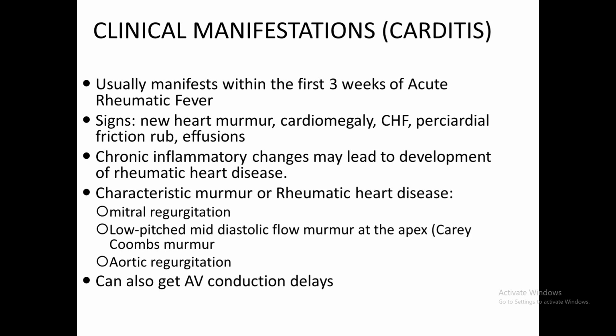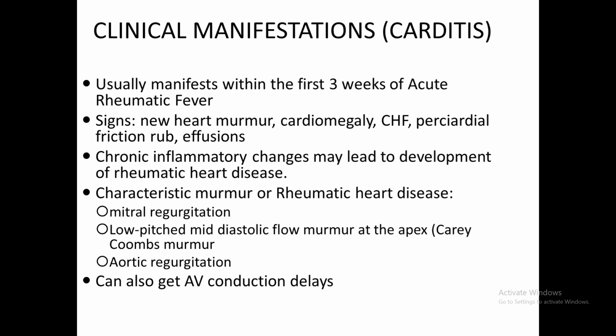It is a diastolic murmur, a short diastolic blowing type of sound, but it is not the murmur of mitral stenosis. There are signs of cardiomegaly or congestive heart failure, and a pericardial friction rub because of the pericarditis and effusions. Pericardial effusion can occur.